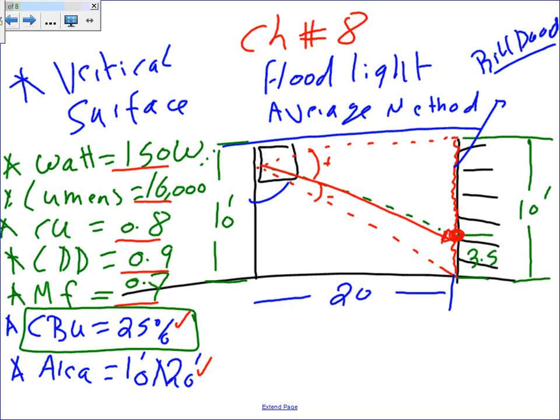In my example, to get 0.25, I'm probably looking at 25 degrees plus and 25 degrees minus.